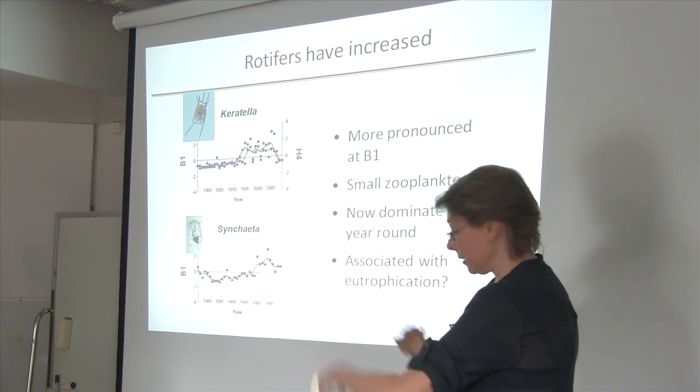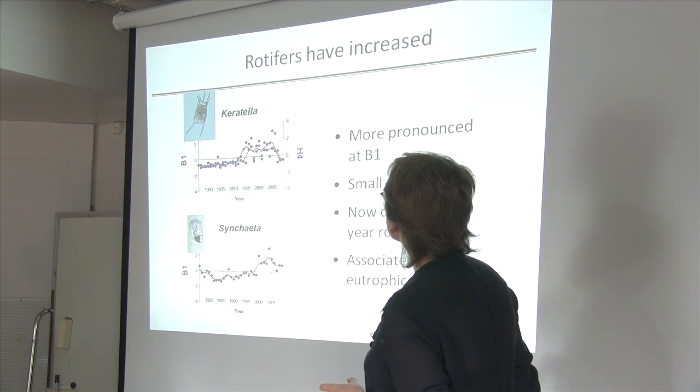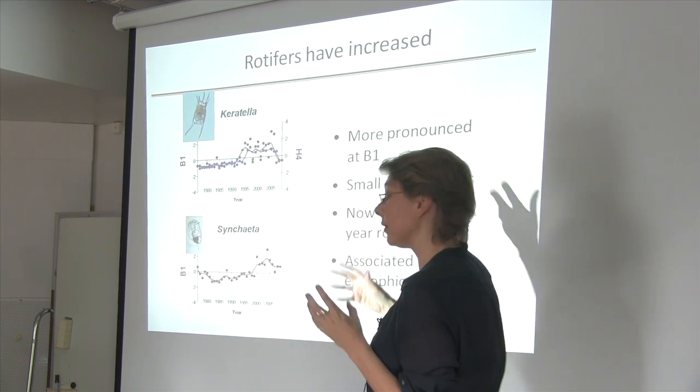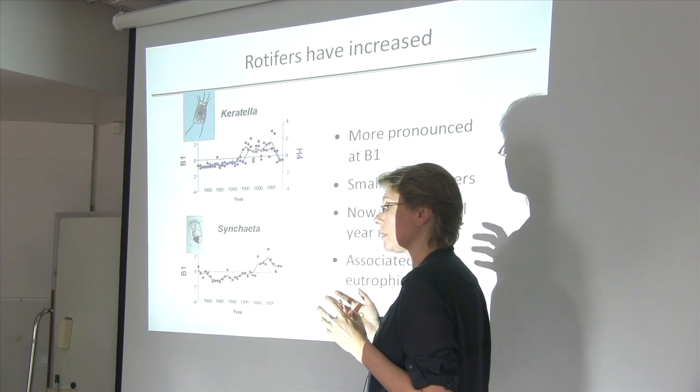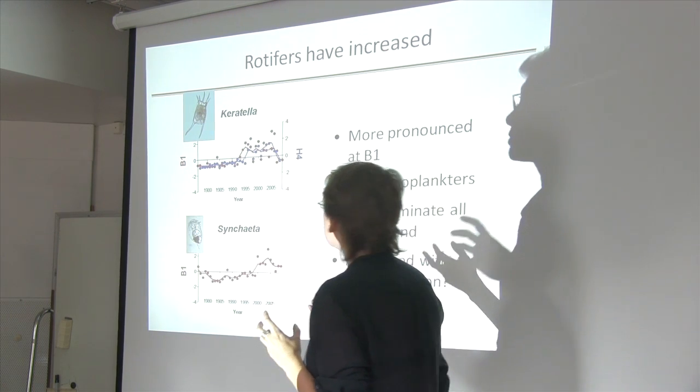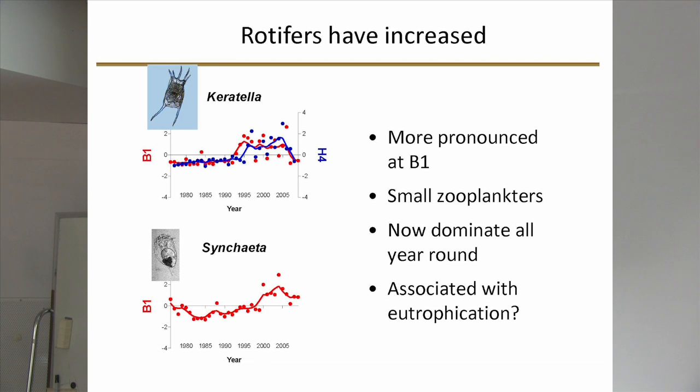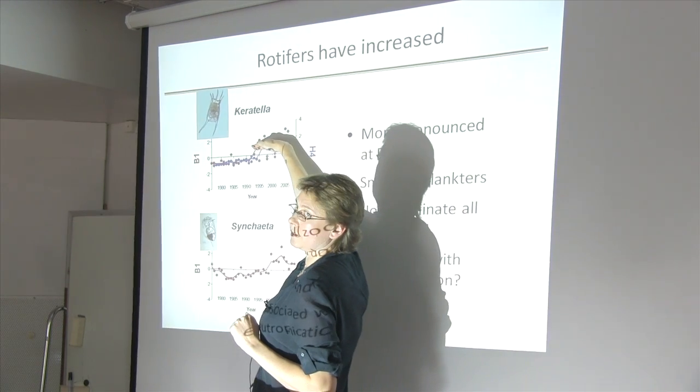And this decrease in copepods was accompanied by an increase in not just cladocerans, not that much actually of cladocerans, but mostly of rotifers. So those are quite interesting data, I think. It's an extremely sharp shift in the beginning of the 90s towards a totally different state.